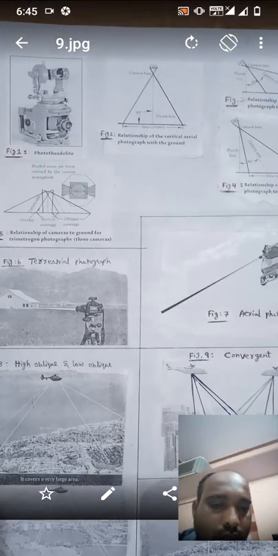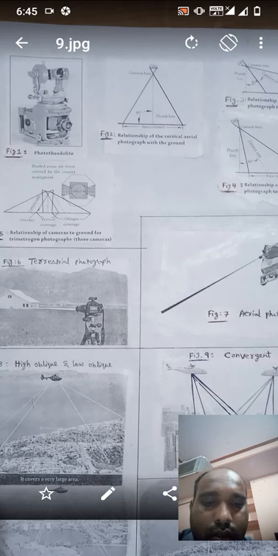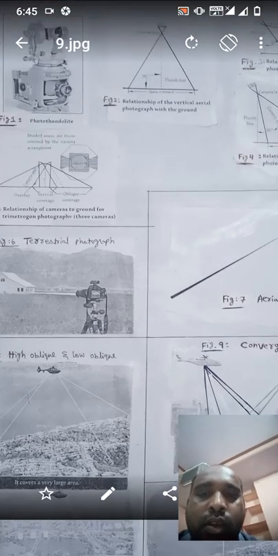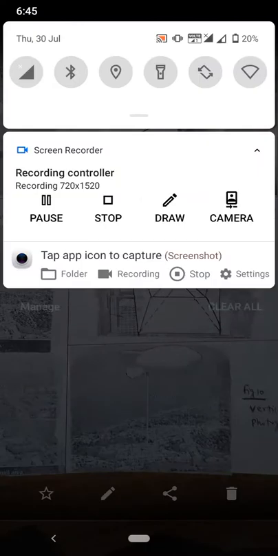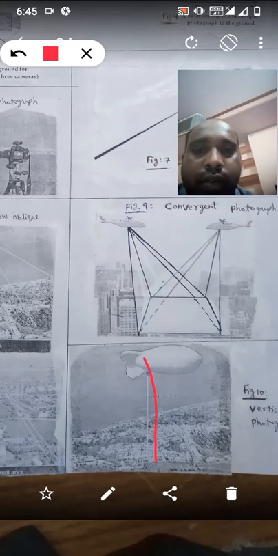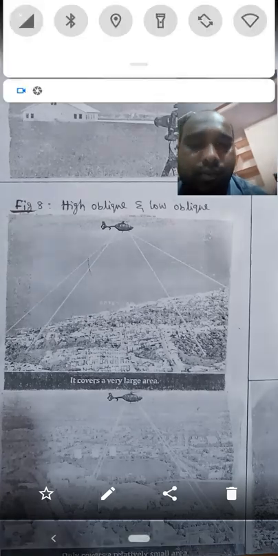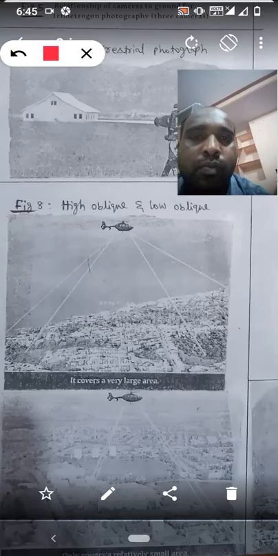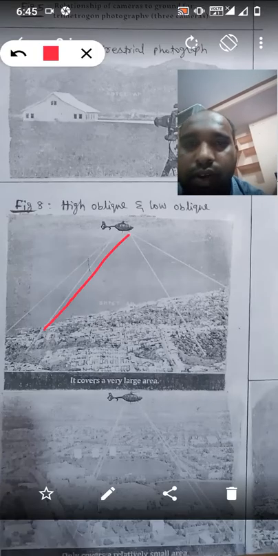So we will see in the figure. Here the axis of the camera is vertical, but here the axis of the camera is tilted from vertical.